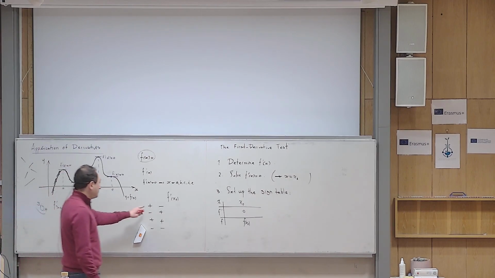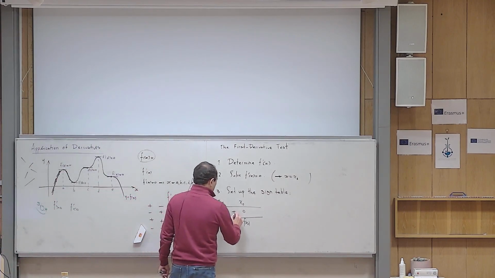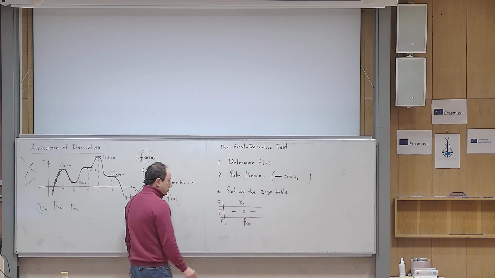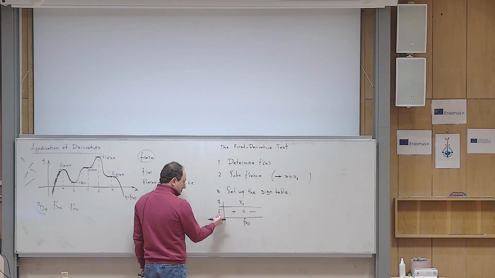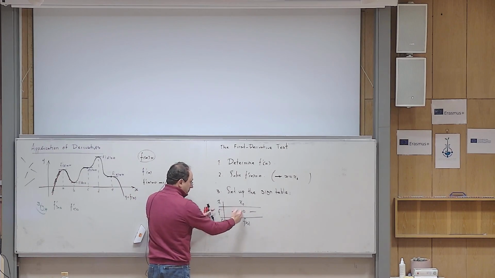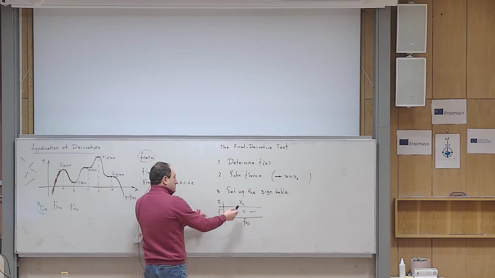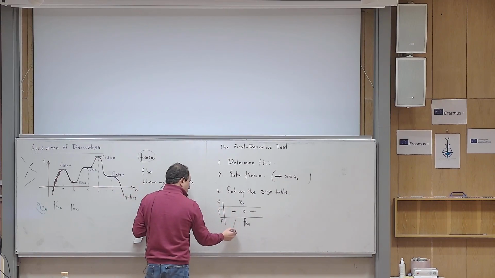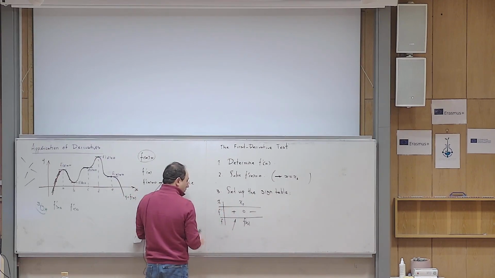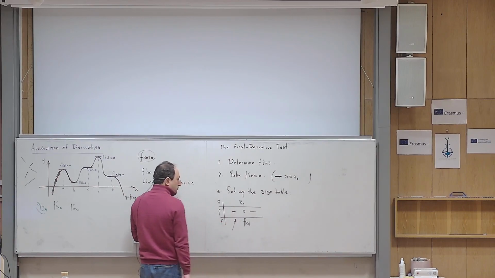So what happens if I have plus minus? If I have plus minus, it means that the derivative is positive on the left-hand side of x naught. If that is positive there, according to what we understood, it means that the function is increasing. This is the symbol we use for increasing function.